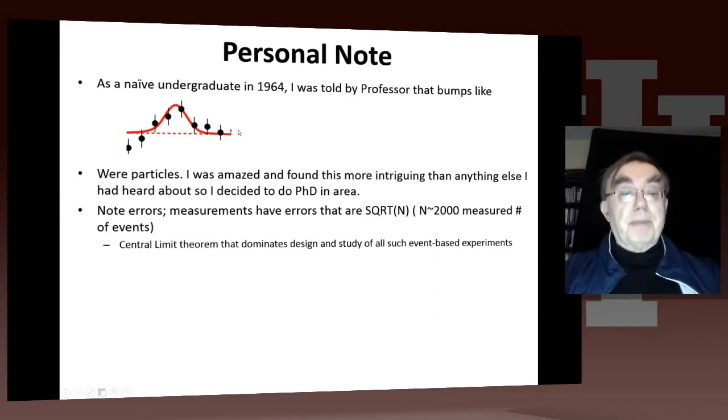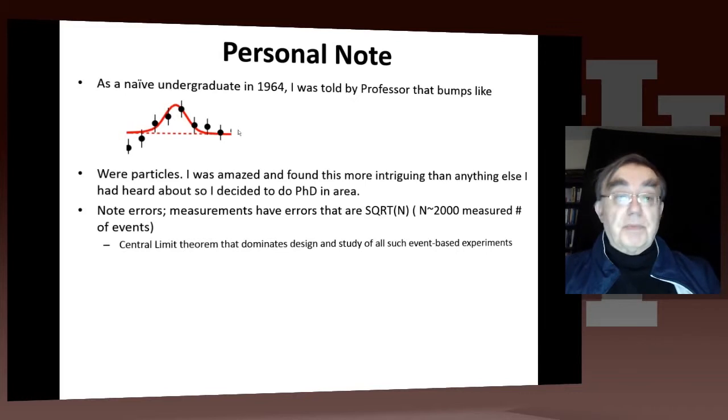I thought a bump was a bump. That lecture was one of a few at that time which actually convinced me to do my PhD in this area, because I felt the other lectures were always, as far as I could see, solving Poisson's equation, del squared phi equals plus or minus 4 pi rho, and they struck me as rather obvious. I understood them. They weren't very exciting, whereas this was staggering, bumps being particles.